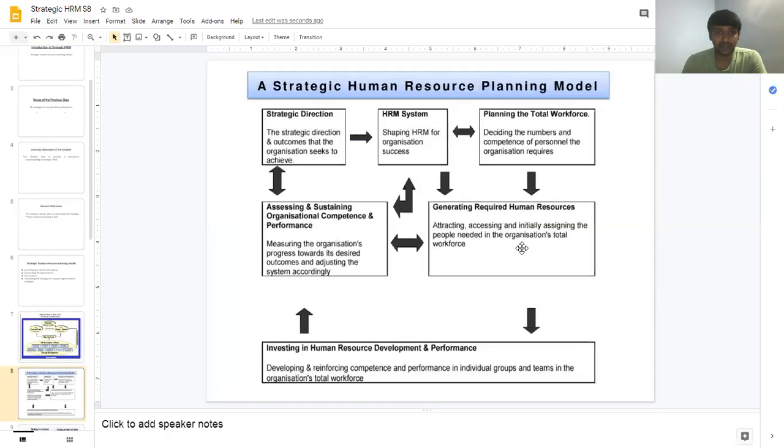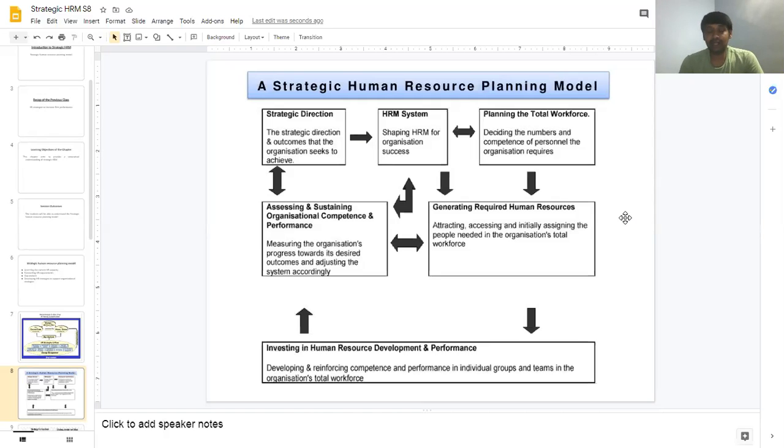The first one, we can start with the strategic direction. Next comes the HR system, HRM system. Next, planning the total workforce. Next, it is leading to generating required human resource. Next, investing in human resource development and performance. And the last, assessment and sustaining organizational competence and performance.